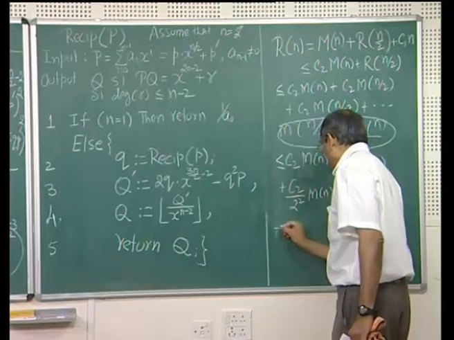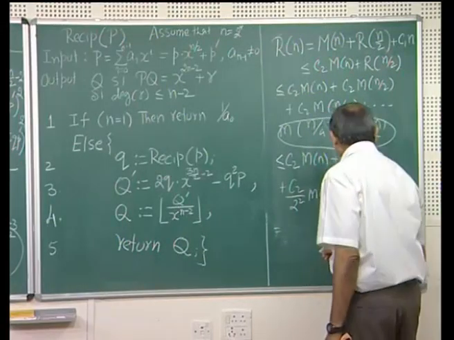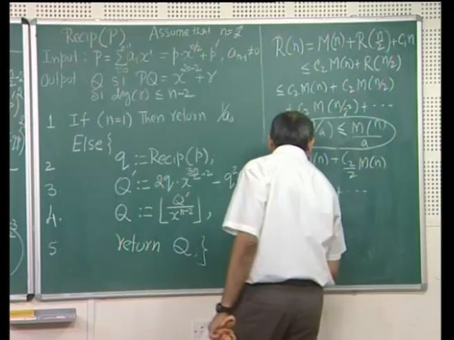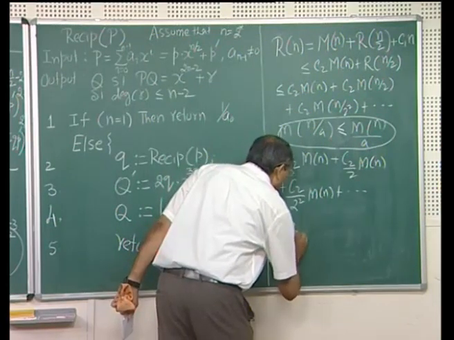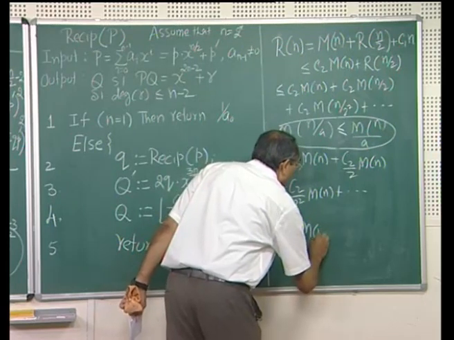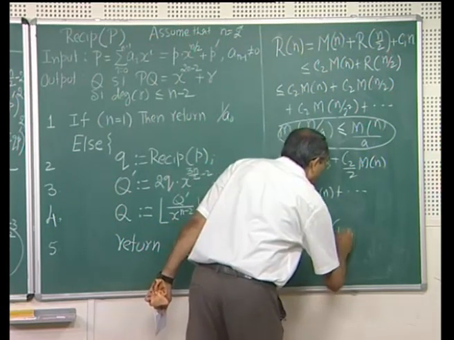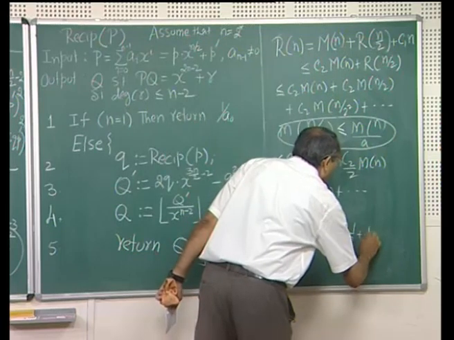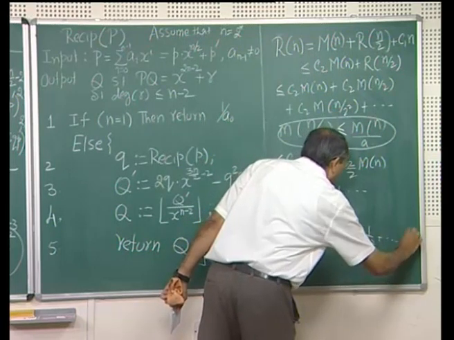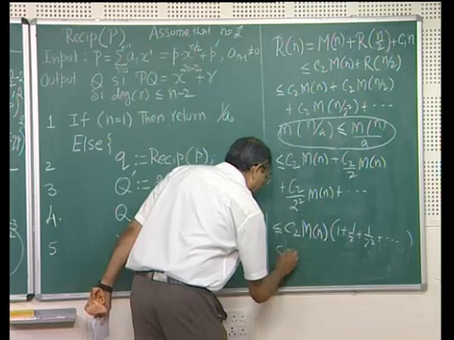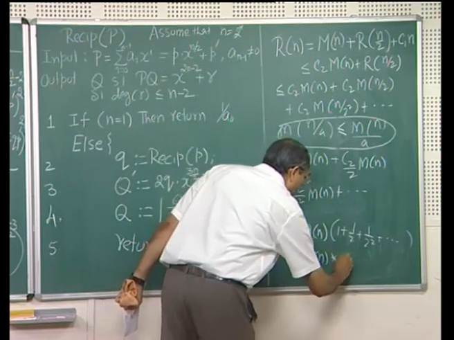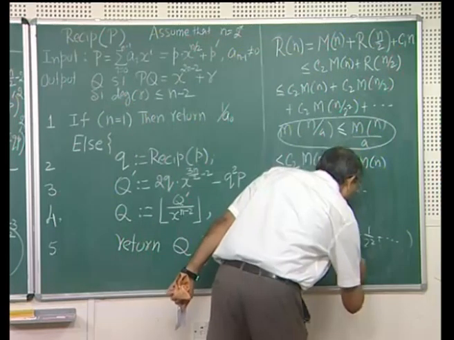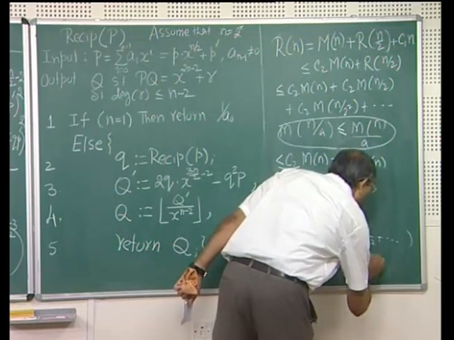Hence, if this were an infinite series, which it is not, this can be expressed as C2 M(n) into the geometric series 1 plus 1/2 plus 1/2 square and so on, which is less than C2 M(n) times 2, which is order M(n).